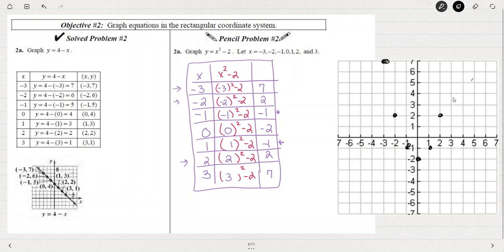You can see how we get some symmetry across the y-axis, and connecting those dots gives us this parabola that takes this shape. Now, just plotting the points that we had, we wouldn't have arrows at the end, but since the x's continue in both negative and positive directions, we could put arrows at the top to show that as I pick more x's, I'll get more y's to the right or the left.